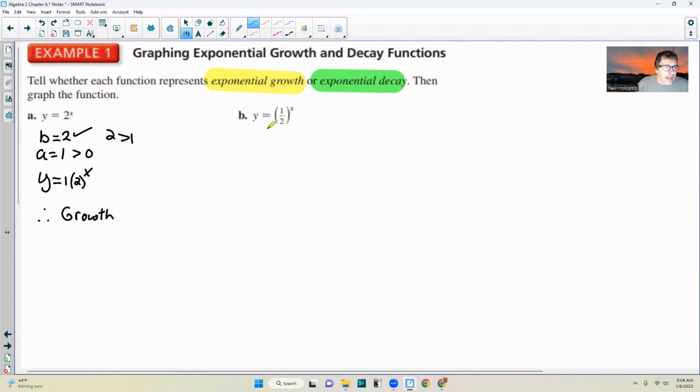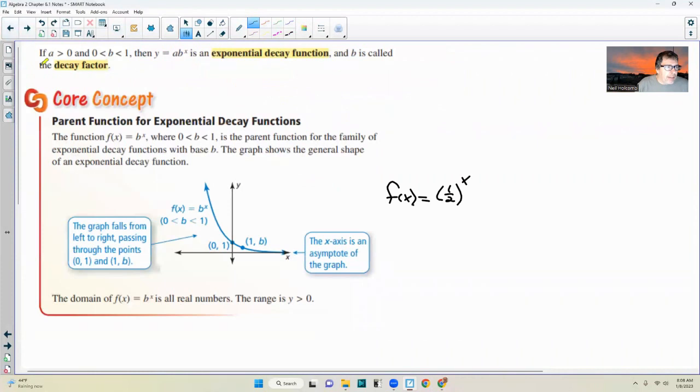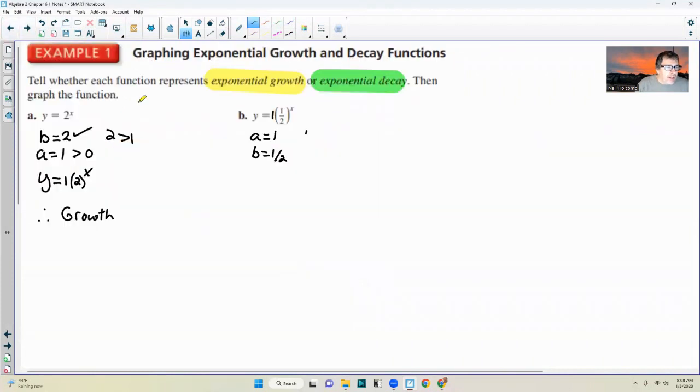Okay, in this case, I have a 1 out here, so A equals 1, B equals 1/2. Okay, so if I go back here, if A is greater than 0, so 1 is greater than 0, and 1/2 is less than 1. Let me move this over.